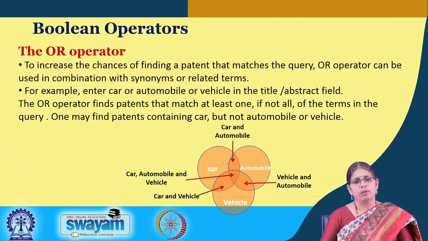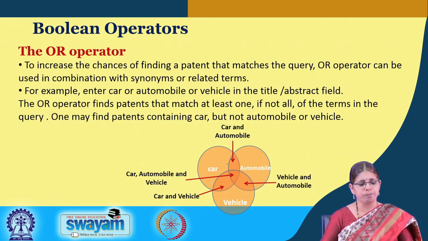The other operator that is also used is what we call the OR operator. Here you are looking at what other patents are also relevant to that particular invention area. So, in such a case you use the word OR.